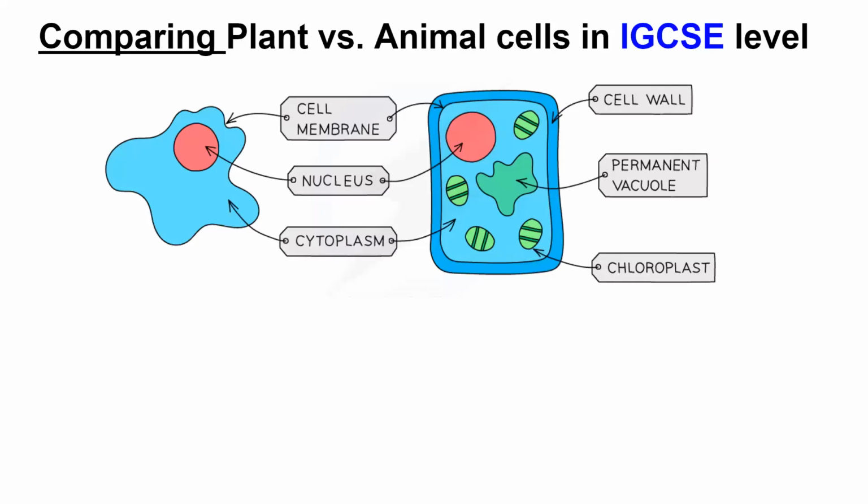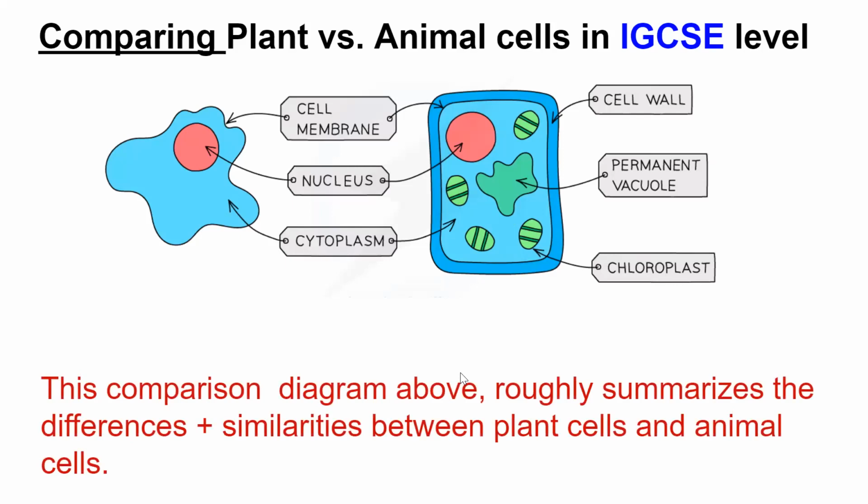Comparing plant versus animal cells at IGCSE level somewhat looked like this. This comparison diagram roughly summarizes the differences and similarities between plant and animal cells.